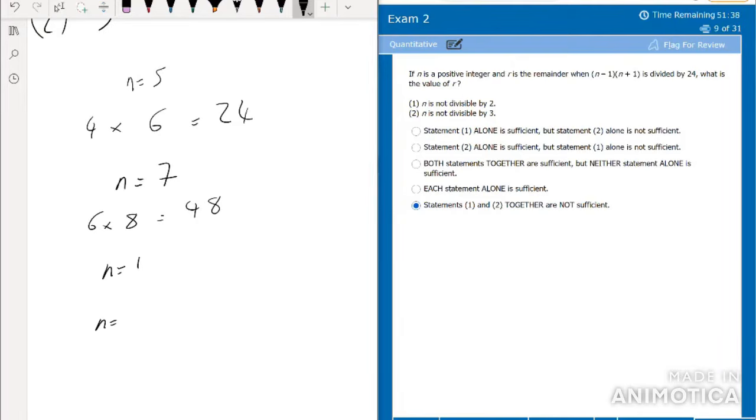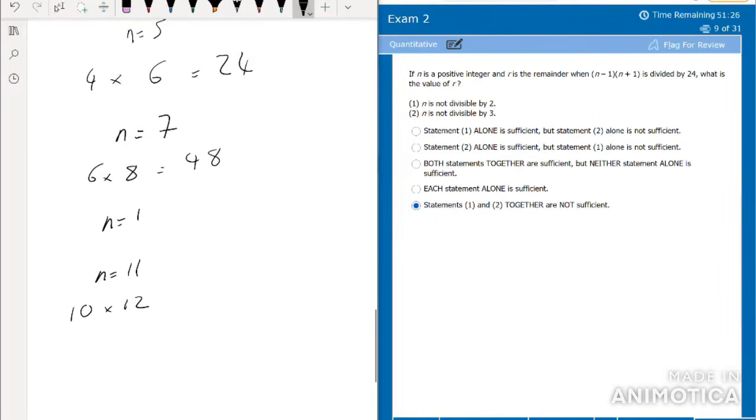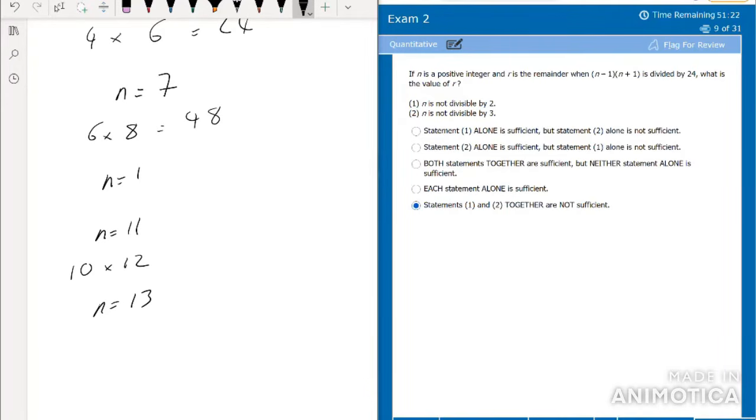N equals 11, so we get 10 times 12. Well, that again is divisible. I'm really getting a pattern here. N equals 13, 12 times 14. That will be as well.